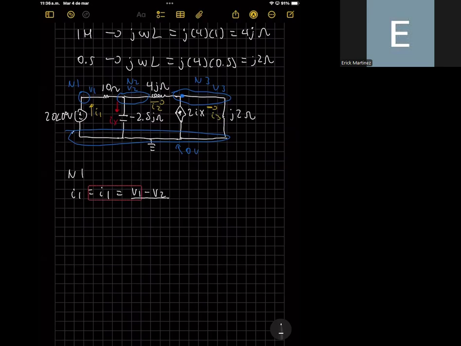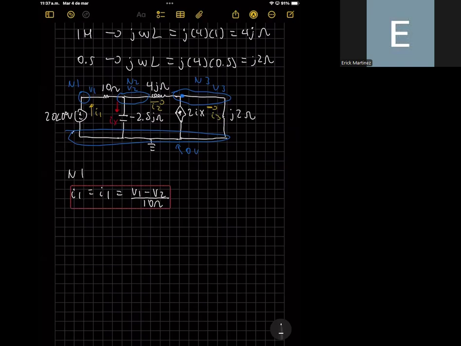And we need to divide this by the resistance, that in this case is 10 ohms. So this is the current I1. And also, how can we compute the voltage V1? Well, if you notice, the difference in voltage between V1 and the reference node should be equal to the voltage of the voltage source.